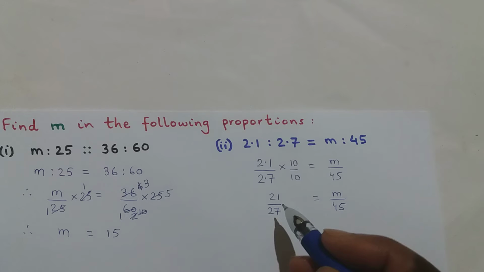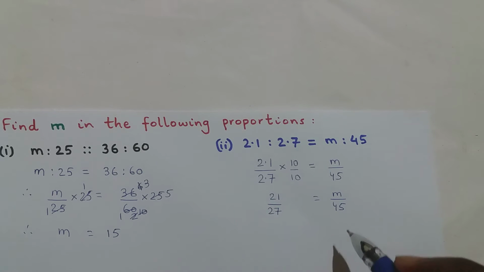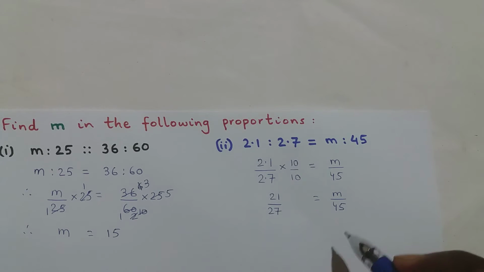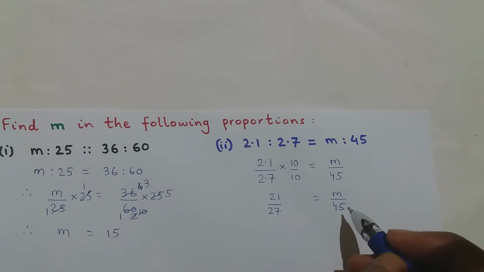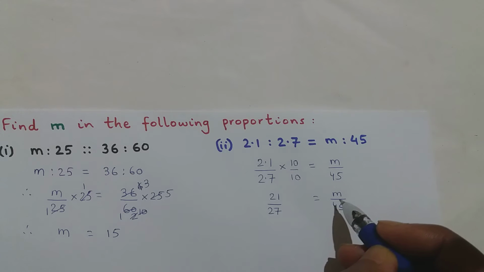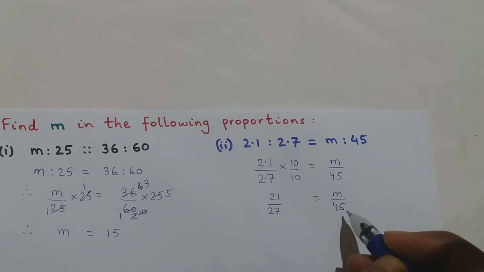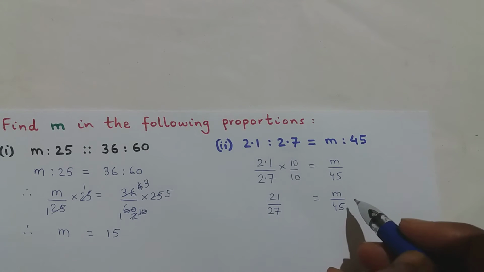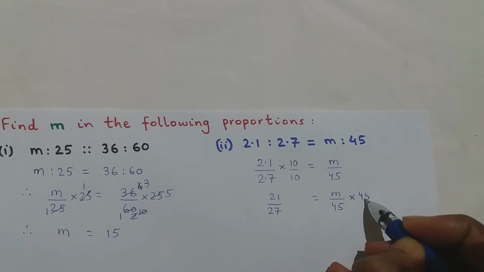Now this is a linear equation in one variable where the variable is m, and we have to find the value of m. In order to find the value of m, first I will get rid of this 45. To get rid of it, I will multiply m upon 45 with 45.